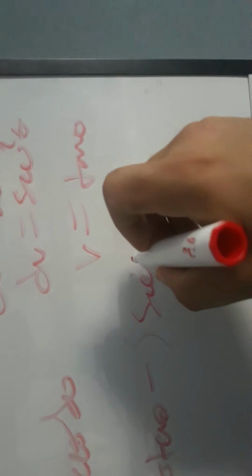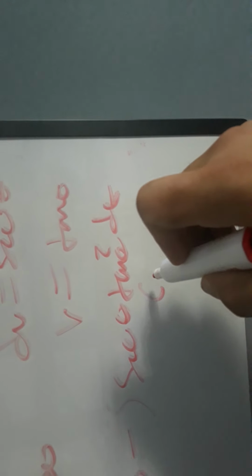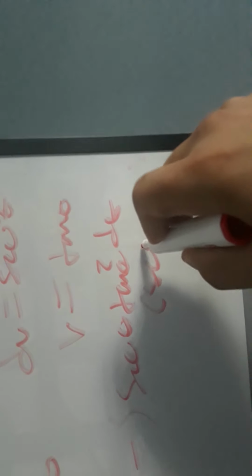d theta. I'm going to replace tangent squared with what I know it equals, secant squared minus 1. Again, because 1 plus tangent squared is equal to secant squared, therefore secant squared minus 1 is equal to tangent squared. Okay?